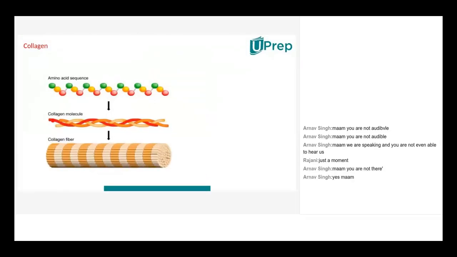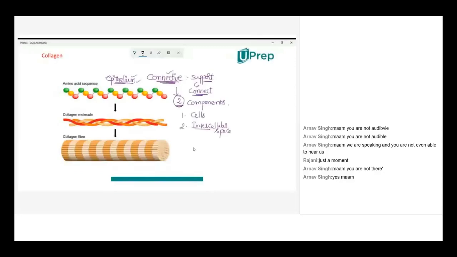The two components of connective tissue are cells and intercellular spaces. This word intercellular space you already know very well, because we use this terminology in almost all sessions. The space in between the cells is the intercellular space.